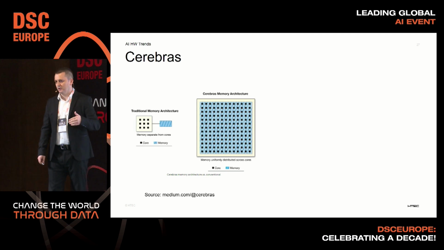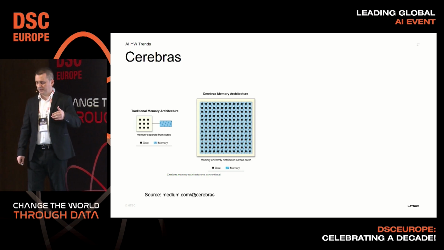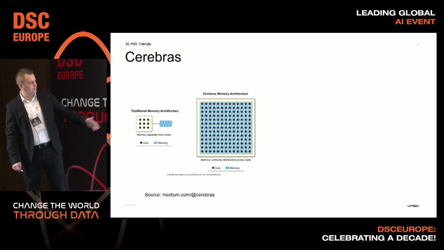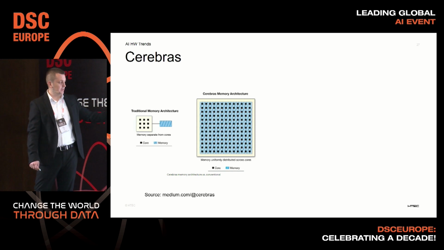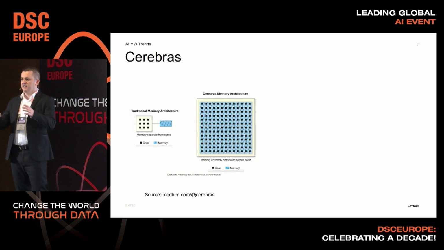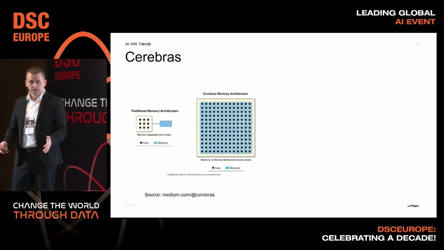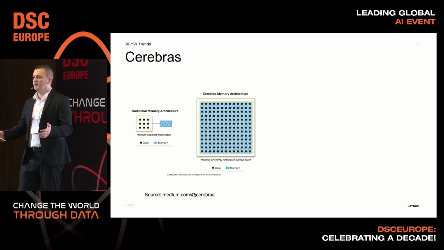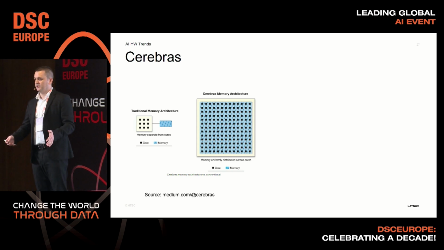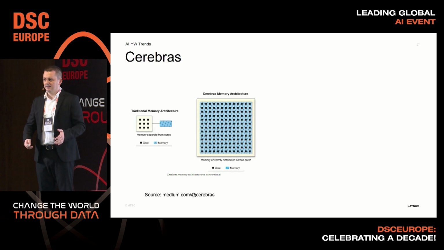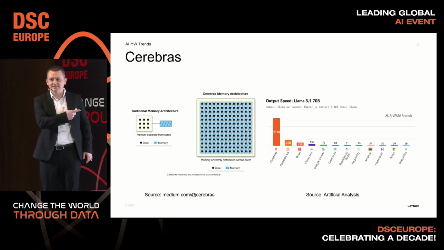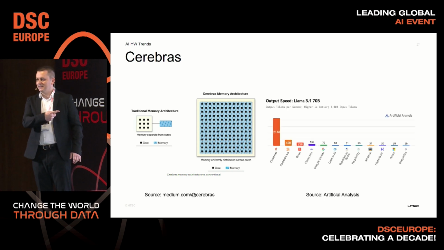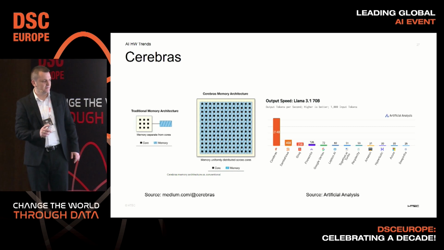And one company goes one step further. They say, instead of just a traditional architecture, let's make a single chip, a single wafer that can store the entire Llama 270B model on the single chip. And the results are here. This is a snapshot from maybe a month ago, or maybe just a few.